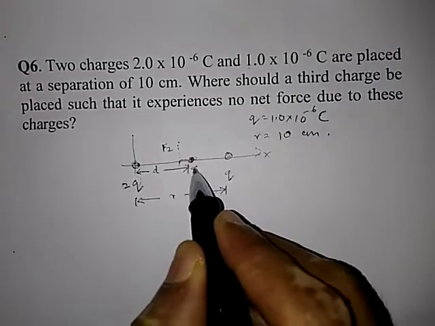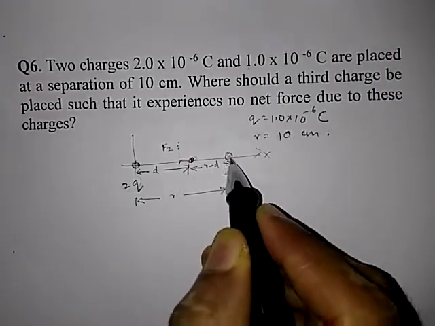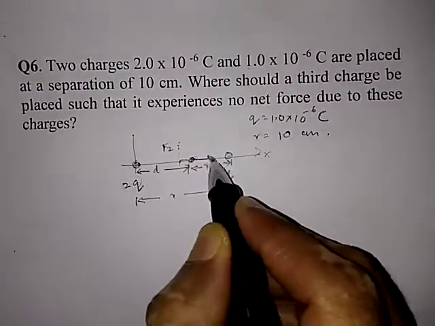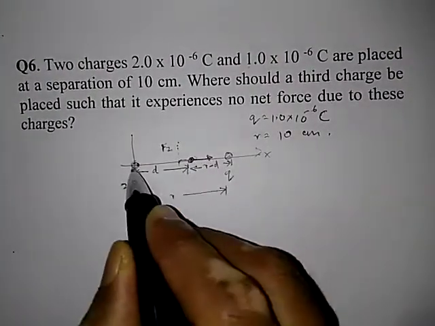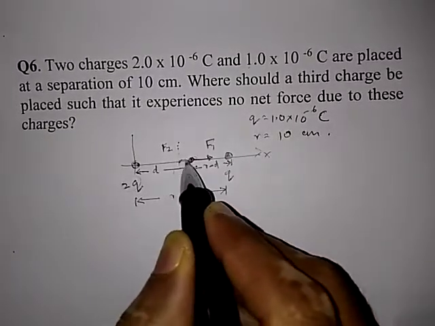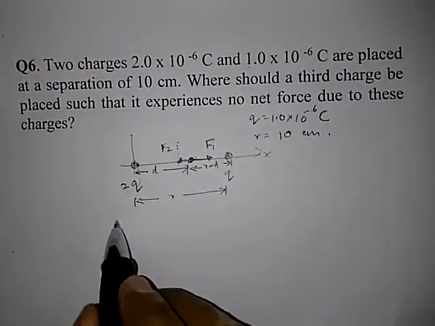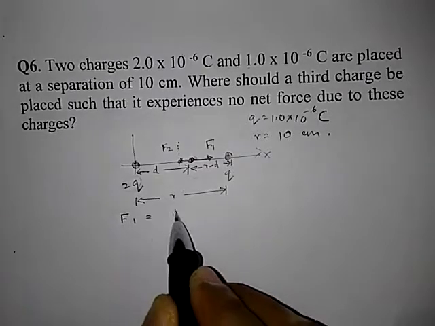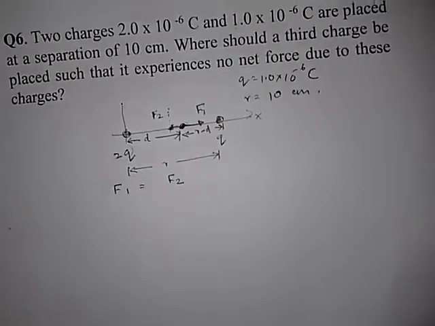This distance will be r minus d. Let's say the force due to the 2q charge is F1, and the force due to the q charge is F2. We need to make sure that F1 is equal to F2.